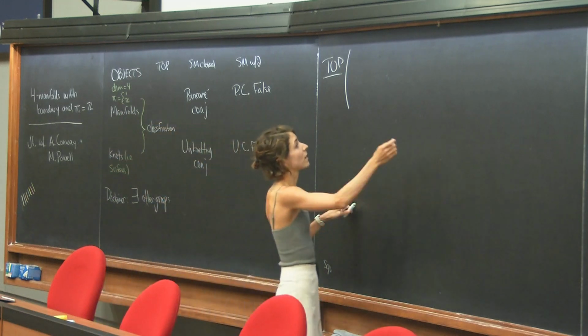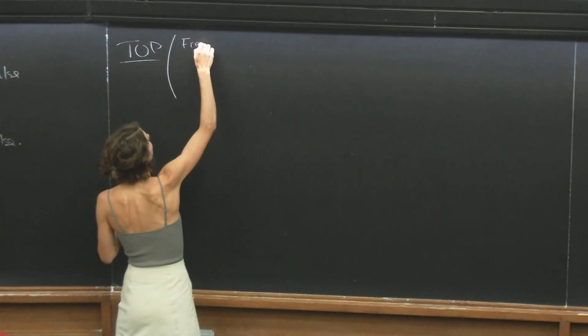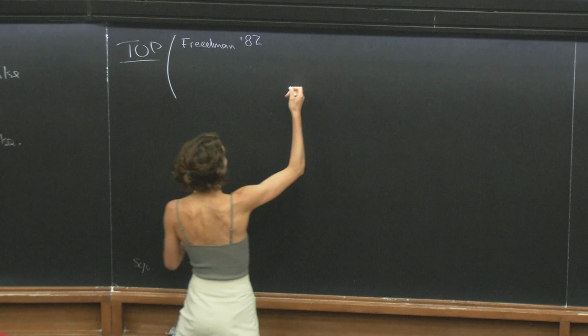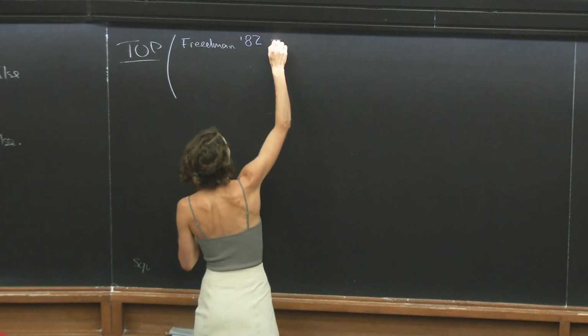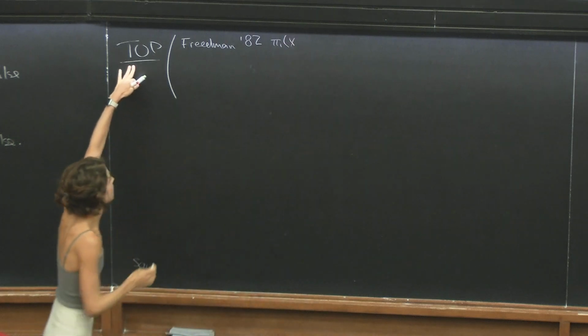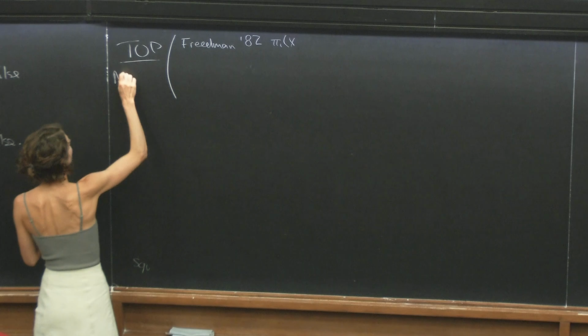Starting with all the attributions, the theorem that you know is that Freedman in 82 gave us this classification of manifolds, where I'm going to start by talking about the topological category and talking about manifolds.